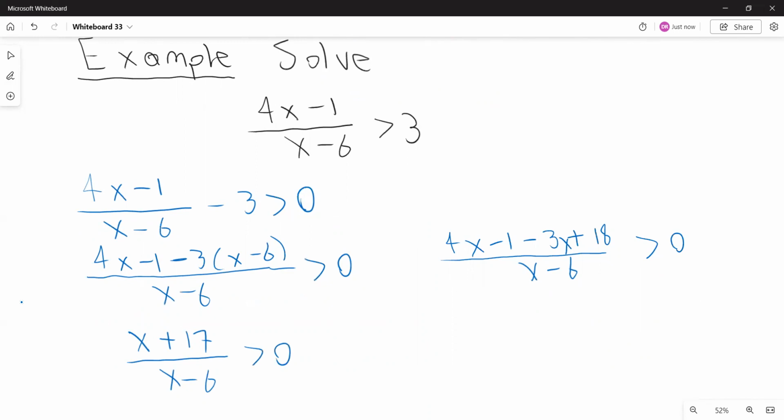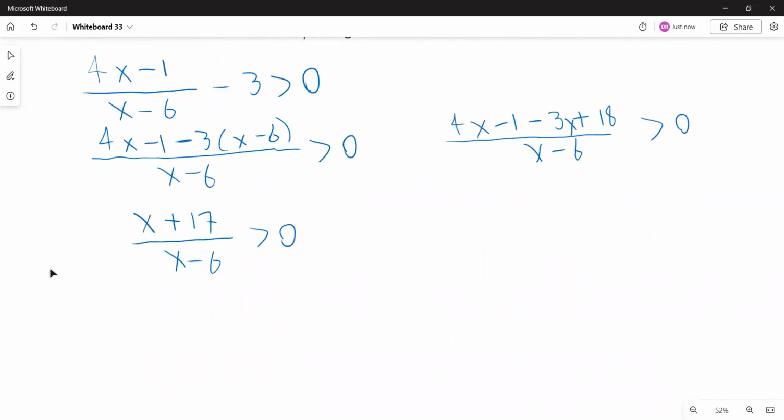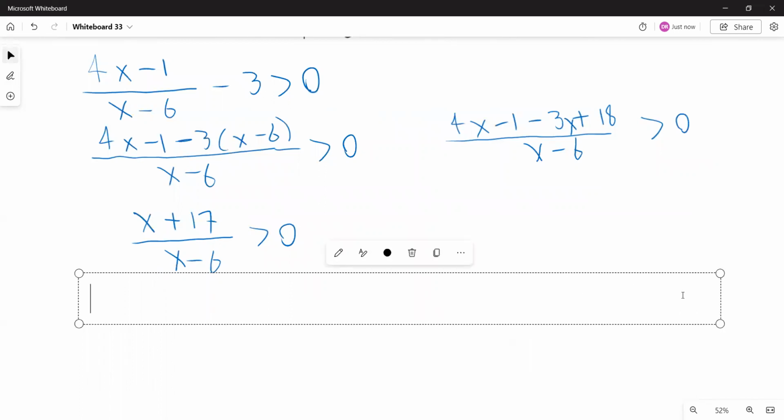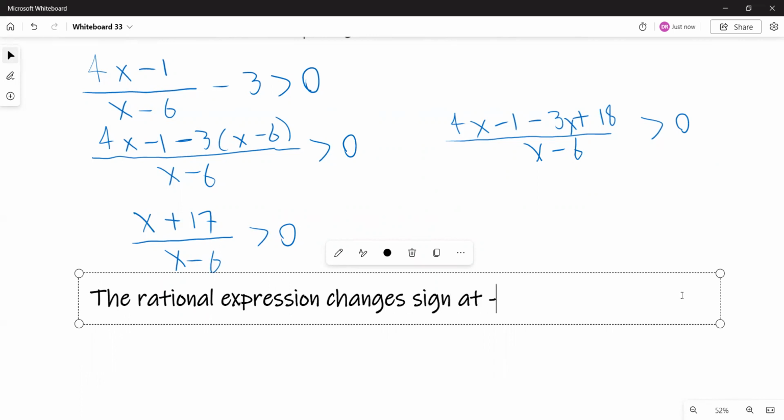Okay, so we have three intervals. The rational expression changes sign at -17 and at 6.